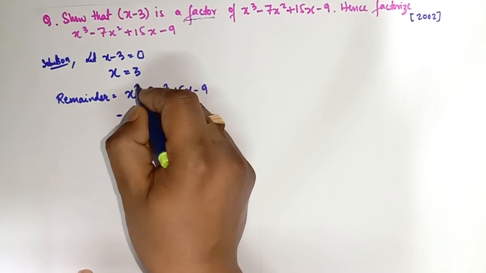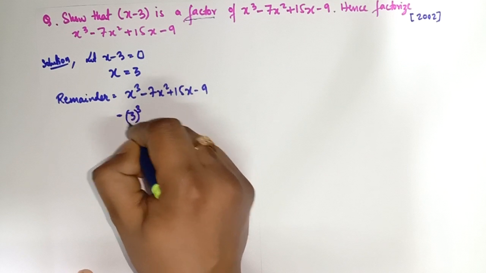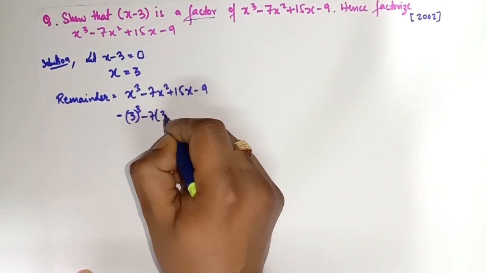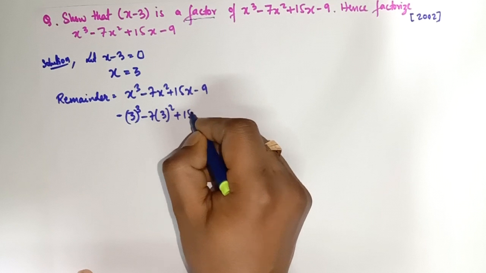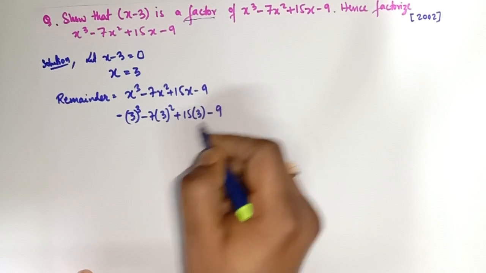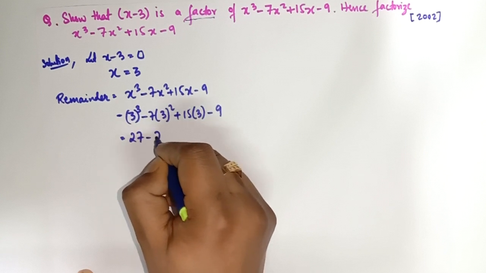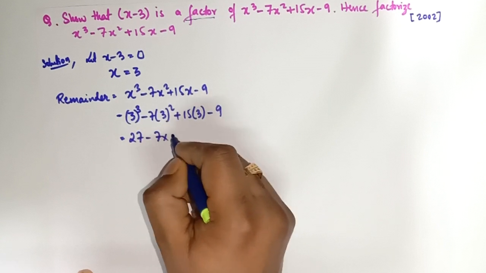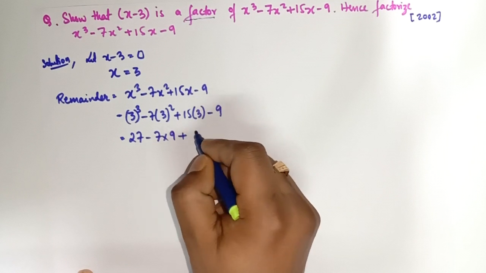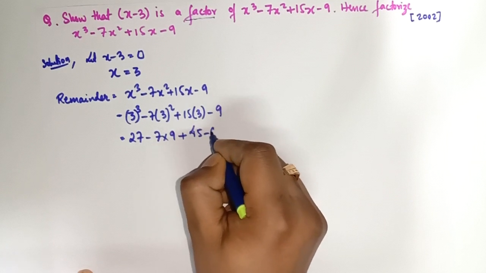I'll put the value of x as 3: 3 cubed minus 7 times 3 squared plus 15 into 3 minus 9. So 3 cubed is 3 into 3 into 3, which is 27, minus 7, don't jump, okay, 3 squared is 9, plus 15 threes are 45, minus 9.